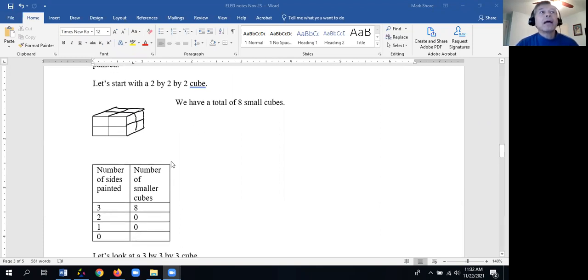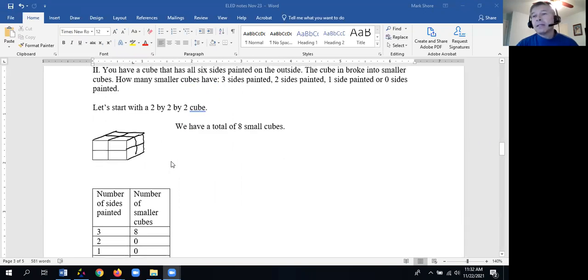Now, keeping track of how many sides have been painted 3, 2, 1, or 0 times, this cube right here, just looking at it, has 3 sides that would be painted: the top, the one facing us, and the side to the right. So this cube has 3 sides painted. So does the one on the left-hand side. So does the bottom right in the front.